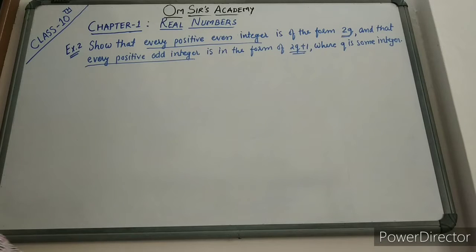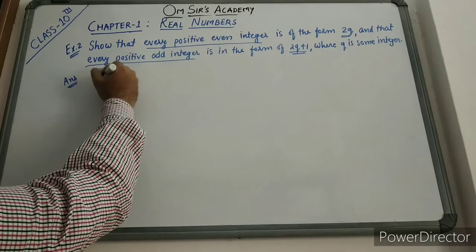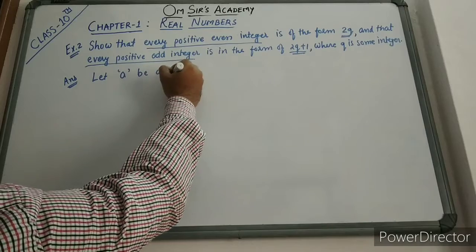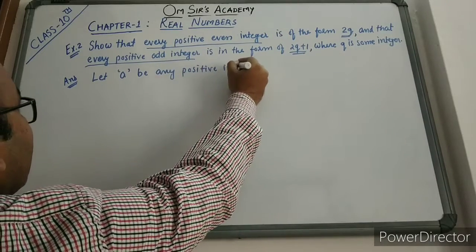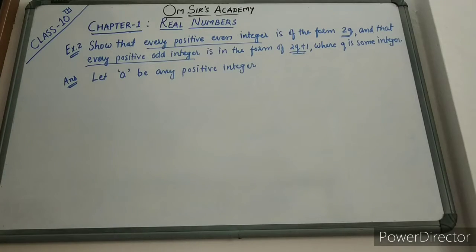So how will we prove this, friends? Let us start with that assumption. Let a be any positive integer. So the first assumption I am taking is, let us suppose that a is any positive integer.